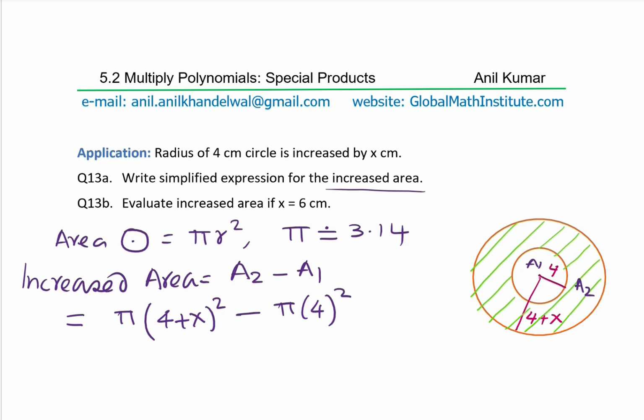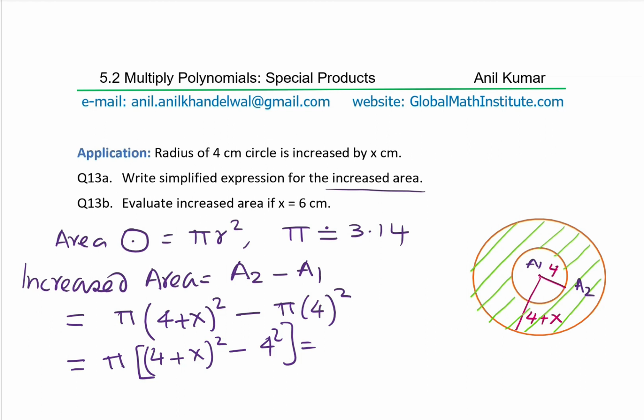Now what we could do here is pi is common, and we are left with something squared minus the other squared. Perfect. So we could write this as pi, and within our brackets we have the difference of squares, which is 4 plus x whole square minus 4 square.